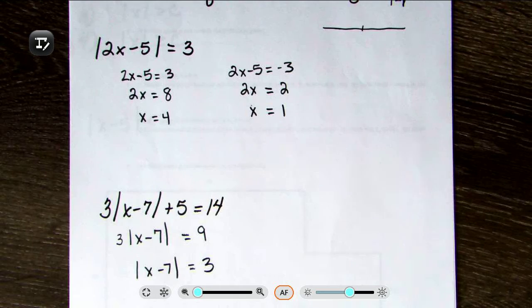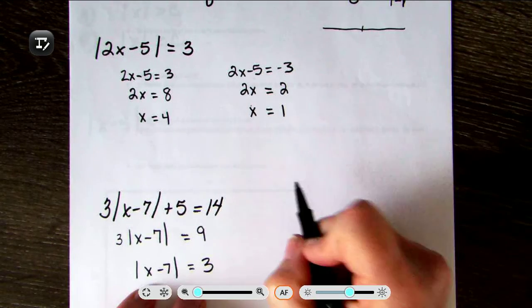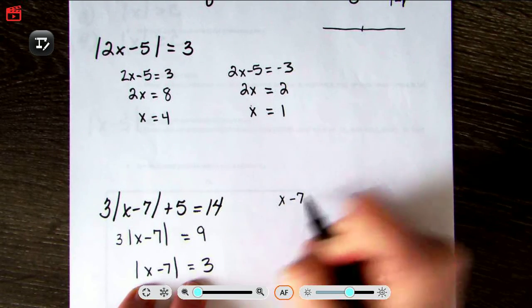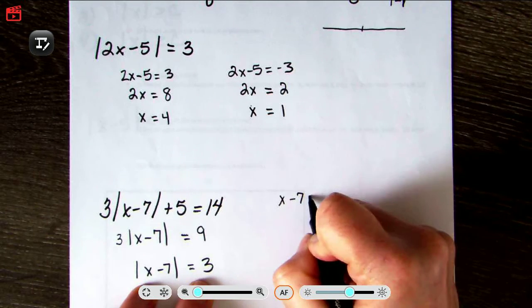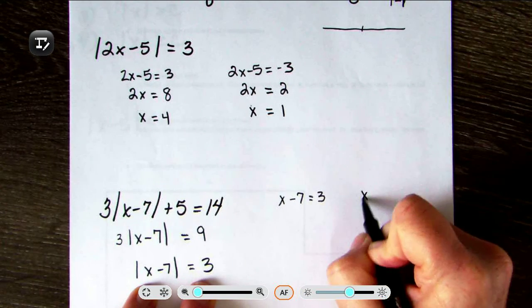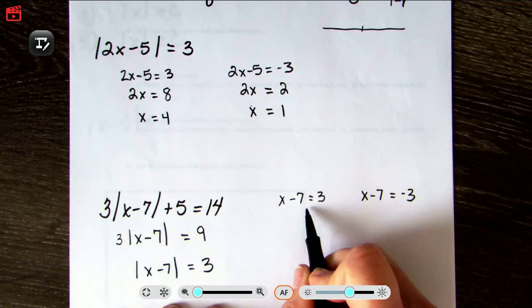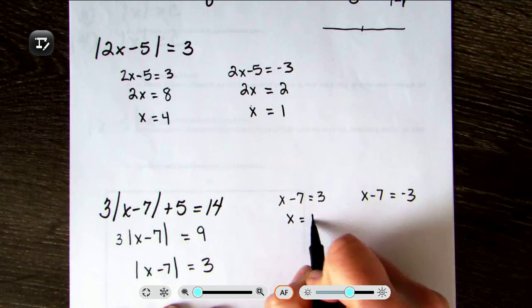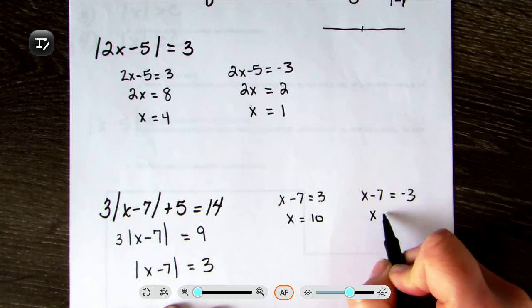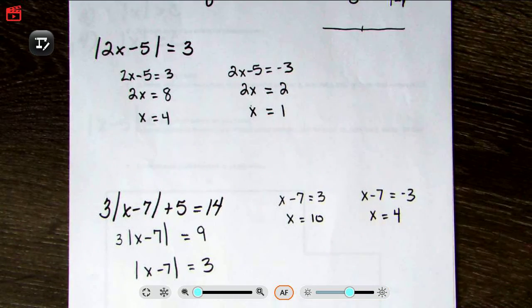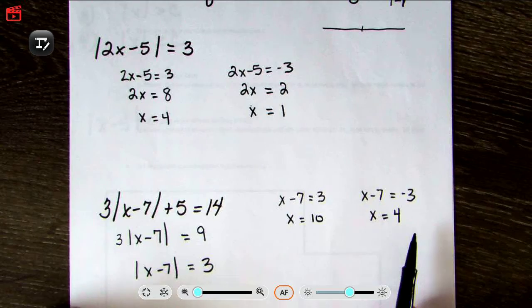And like we did in the problem above, we have to create two equations, because either x minus 7 is equal to 3 or x minus 7 is equal to negative 3. Adding 7, x is equal to 10. Adding 7, x is equal to 4. So again, we get two different solutions.